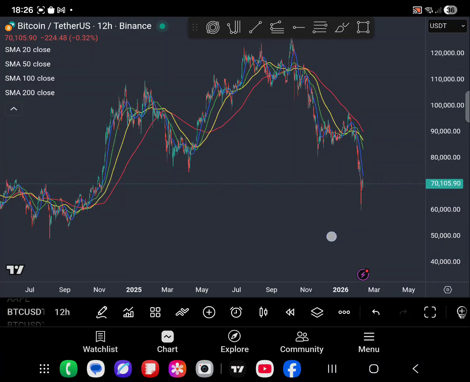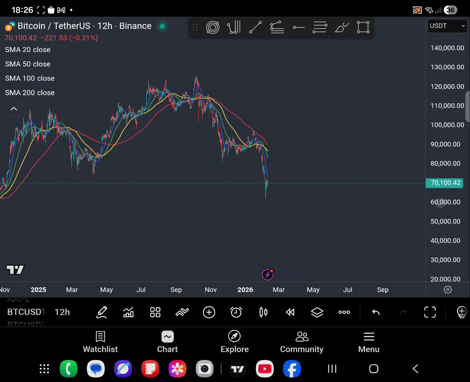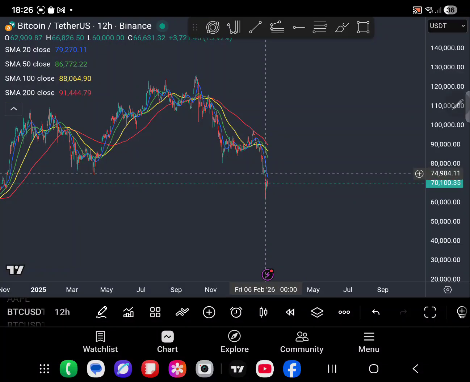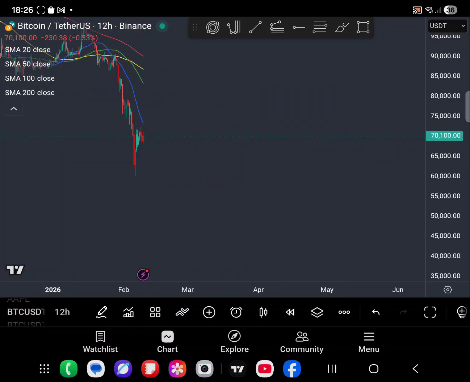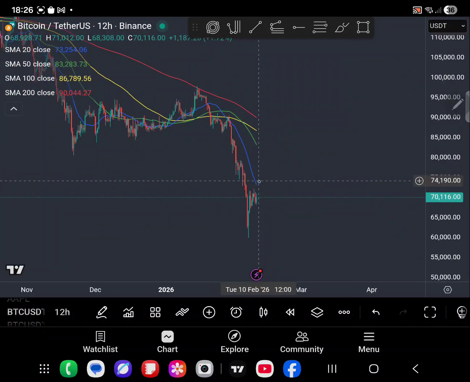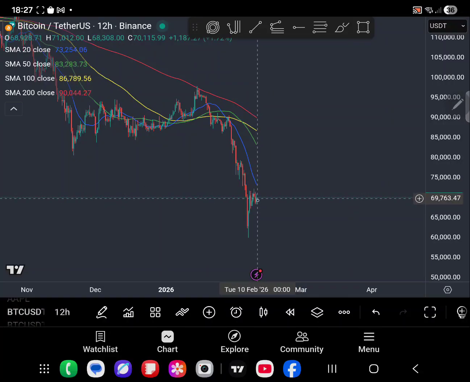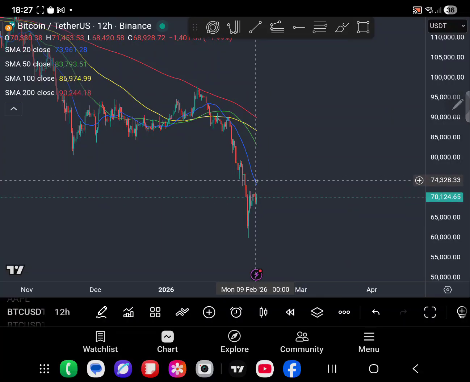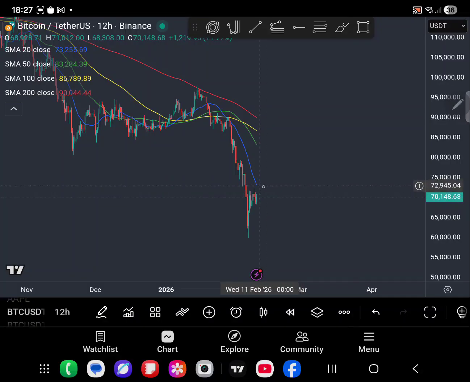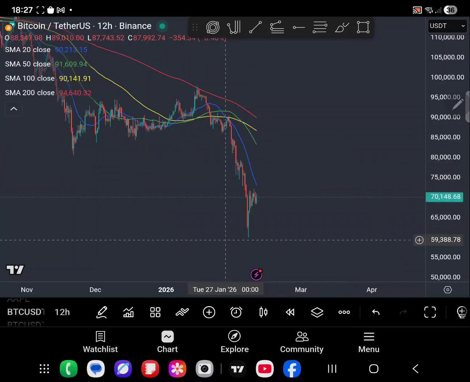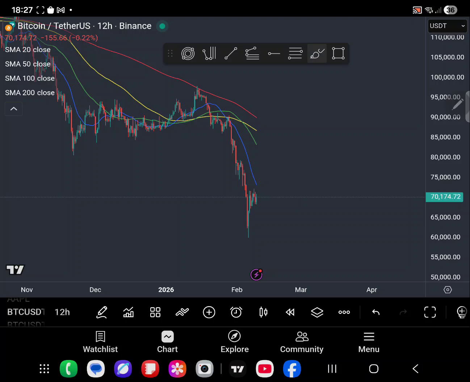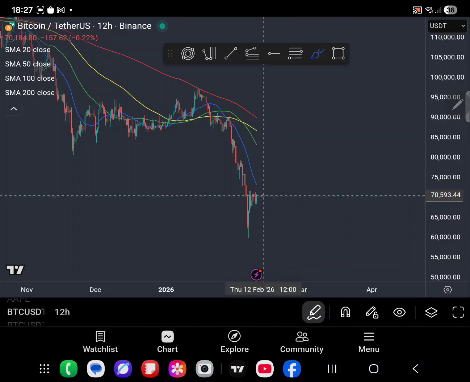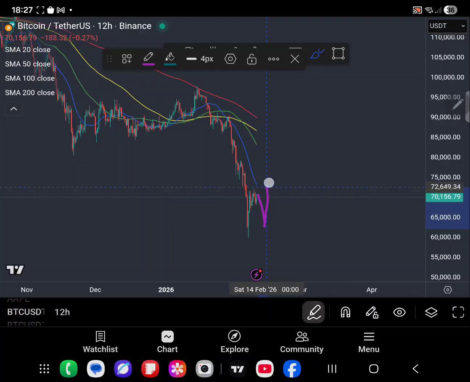So obviously, prices have dropped, and you can see that the 20 moving average is just above the current price. And obviously, we want to see price moving up. So, it's not clear yet whether price could maybe come down a little bit and then take off.